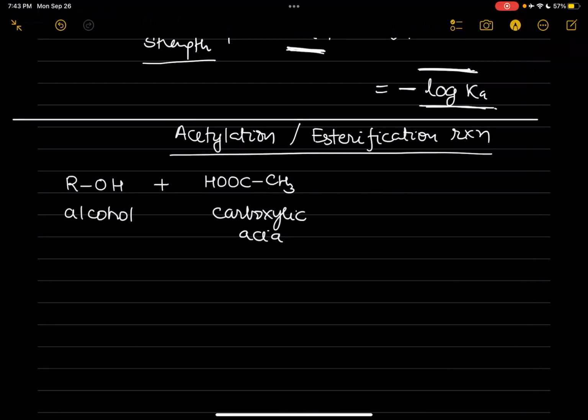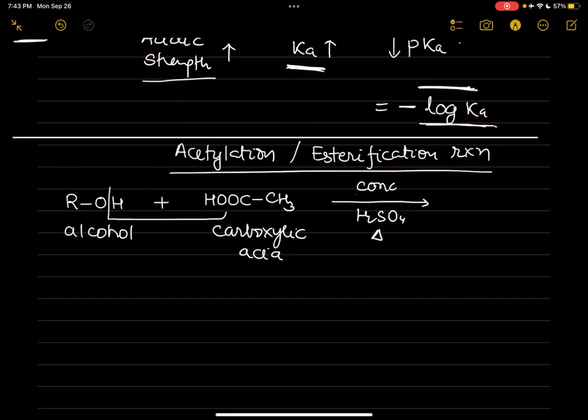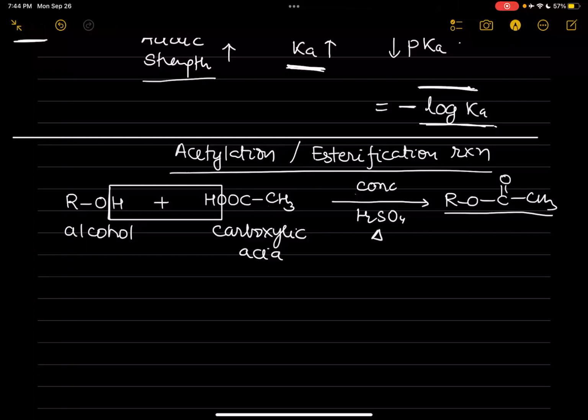And when you put a carboxylic acid into alcohol and heat it with concentrated H2SO4, concentrated H2SO4 has a tendency to absorb water. It is a famous dehydrating agent. So it absorbs water from both of these molecules, OH from the COOH and H from the alcohol. So you end up with RCOOR. So this is ester.